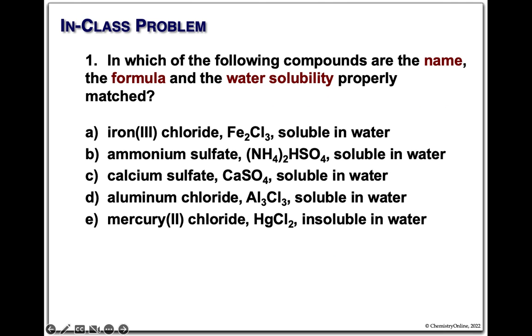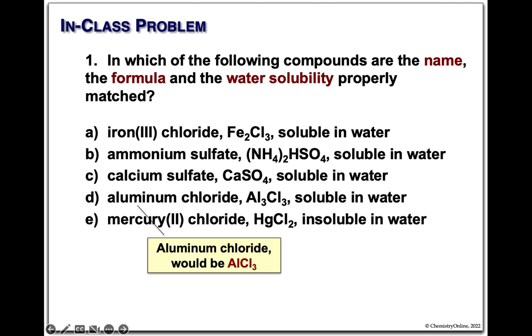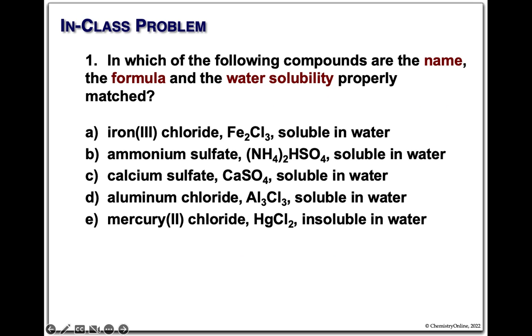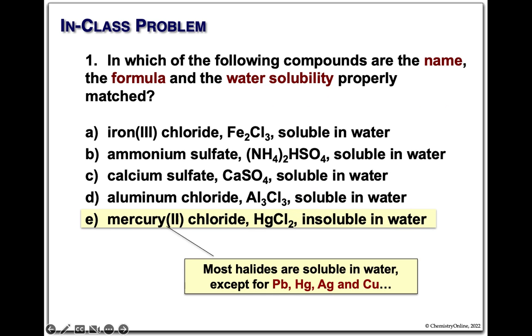Chloride is -1. We need 1 aluminum, not 3. And finally, it must be E. We've worked our way down to that. Mercury(II) chloride. Mercury +2, 2 chlorines, that works. Insoluble in water. Well, most metal halides are soluble, except for the heavy metals, and that includes lead, mercury, silver, and copper. Any questions?